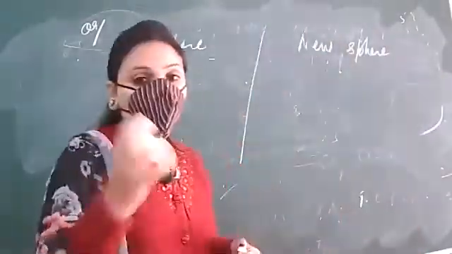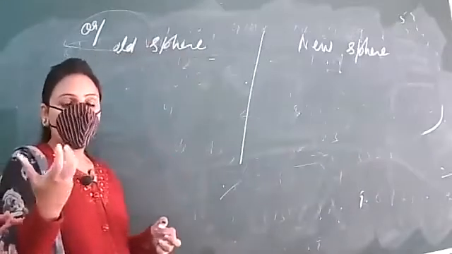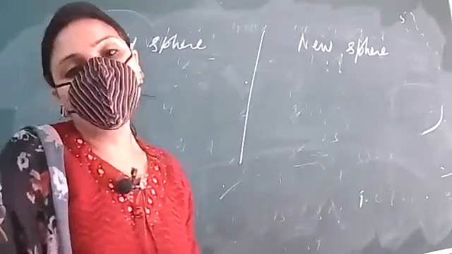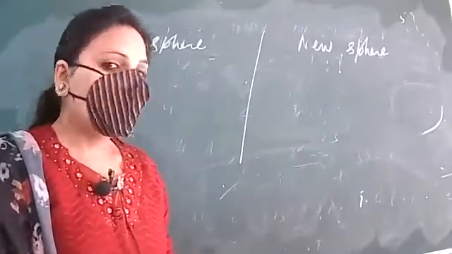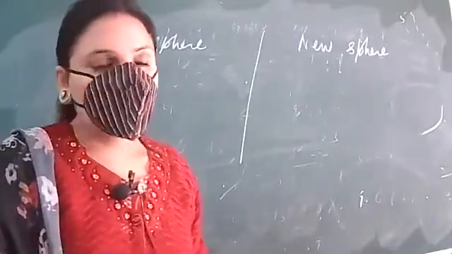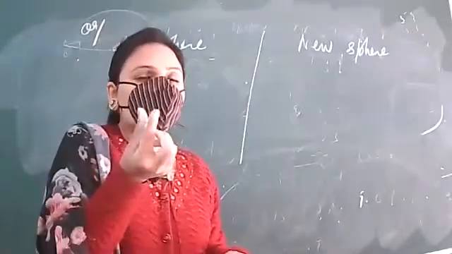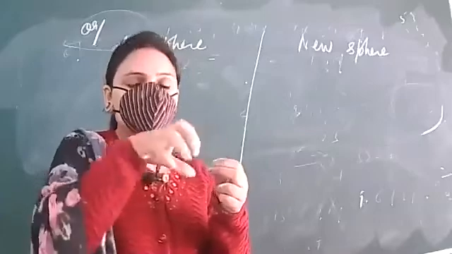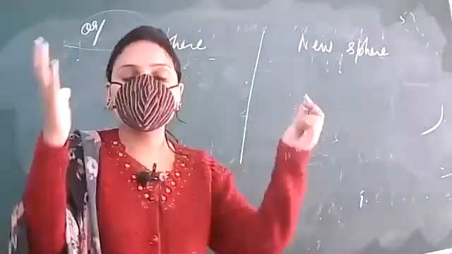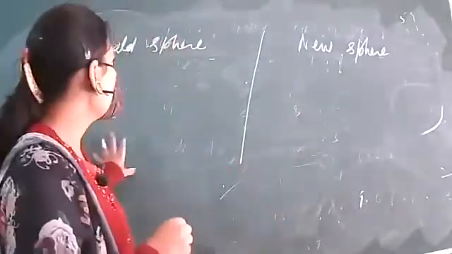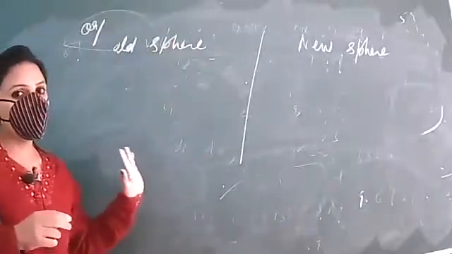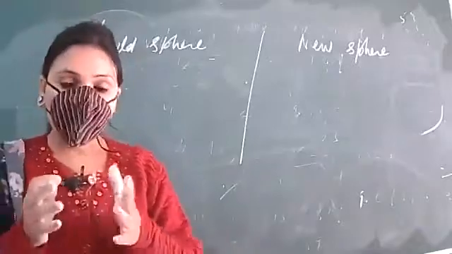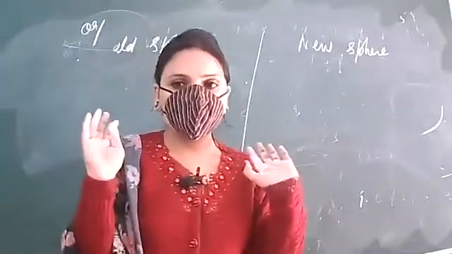By melting the small spheres of radius r, a new sphere is formed of radius r dash. जैसे कि आप कहो कि आप छोटे छोटे जो रसगुल्ले हैं उनको आप मैश मुश करके एक बड़ा सारा रसगुल्ला बना दो. It is just like that. So old sphere 27 जब जोड़े गए, उनको जोड़ के एक नया स्फीयर बना दिया गया.